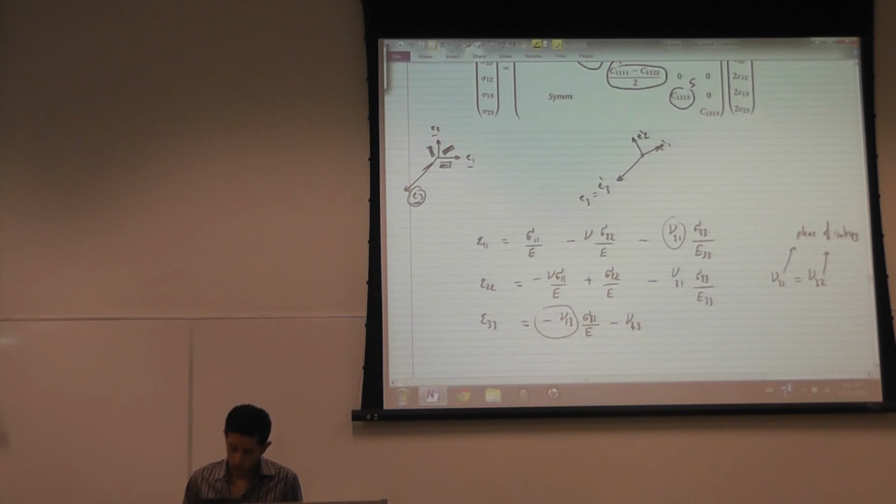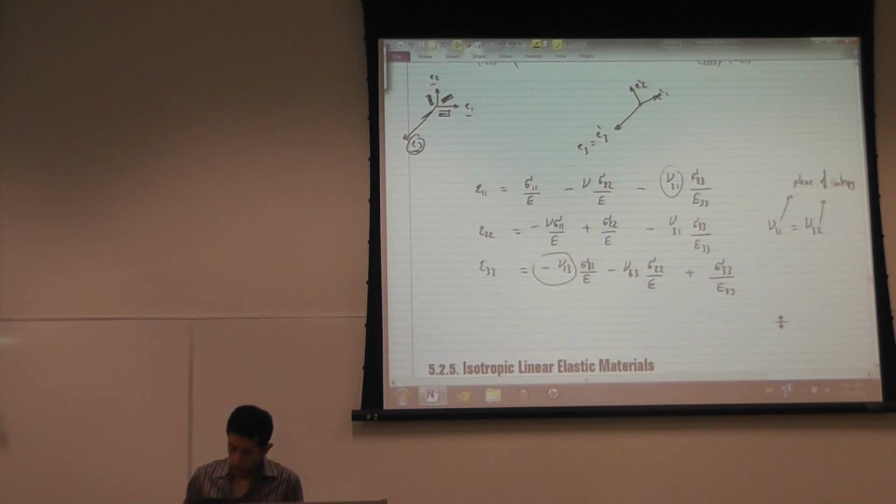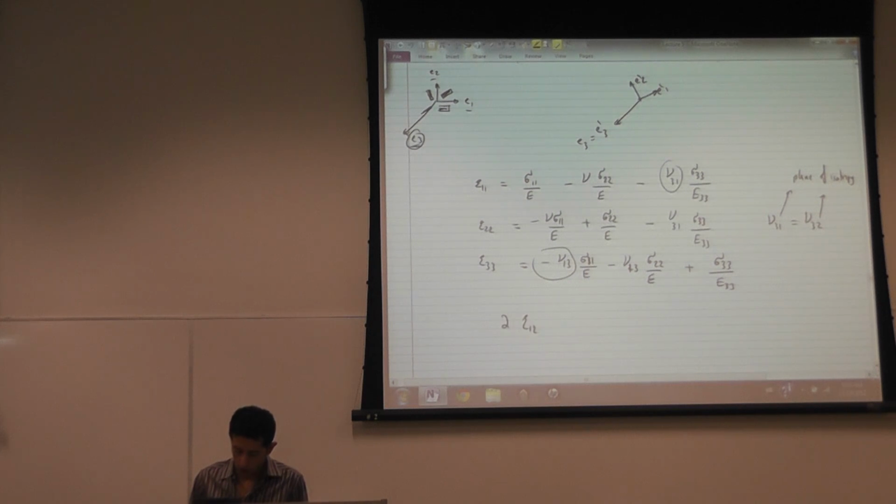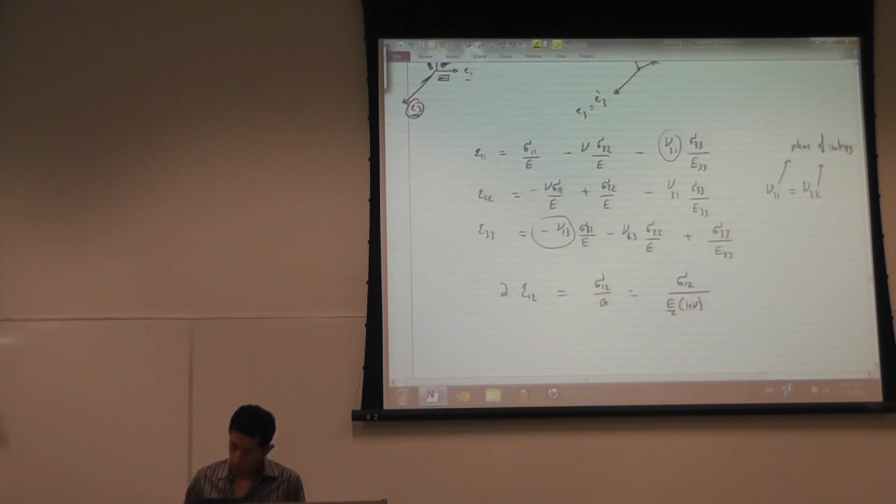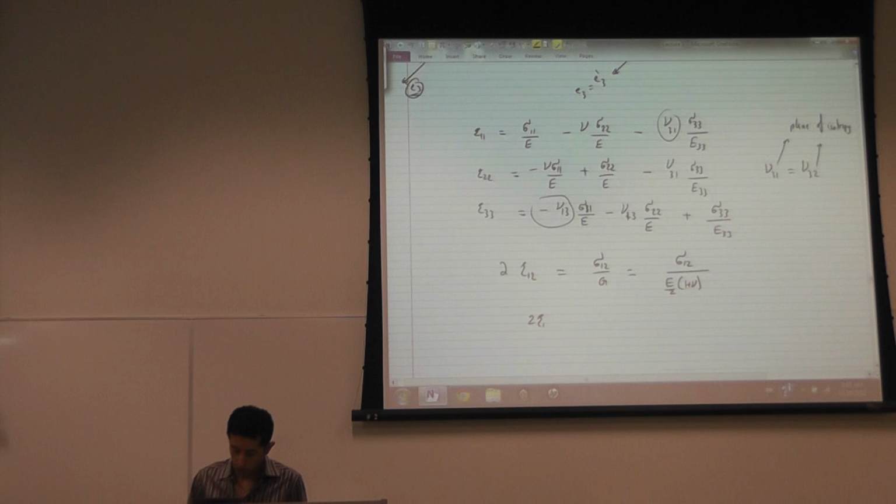Then 2, 3 is equal to 1, 3, sigma 2 over E plus sigma 3 over E3. 2 epsilon 1, 2 is equal to sigma 1, 2 over G, and G, as we will show, because of isotropy, is equal to E divided by 2 times 1 plus Poisson's ratio. 2 epsilon 1, 3 is equal to sigma 1, 3 divided by G 1, 3, and 2 epsilon 2, 3 is equal to sigma 2, 3 divided by G 2, 3.